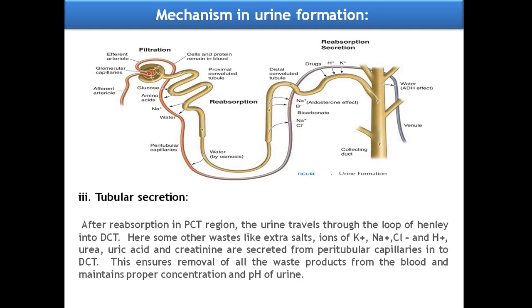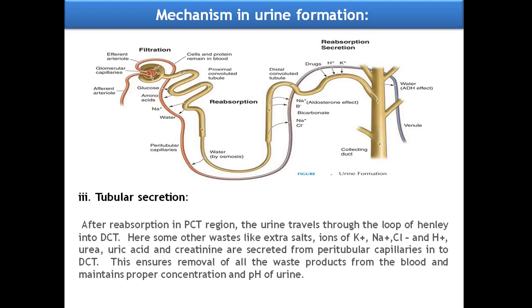It is active secretion, that means it requires some energy. It is the active secretion of waste products by the peritubular blood capillaries into the DCT. So here, if there are any waste products still in the blood, they are secreted from the peritubular blood capillaries into the DCT.